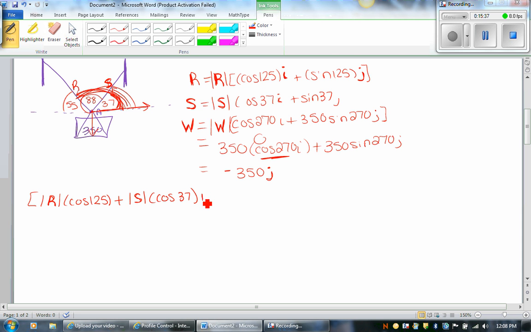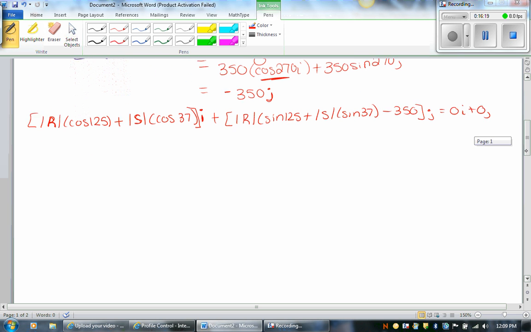There's my i, plus the magnitude of R sine of 125 plus the magnitude of S sine of 37 minus 350 j, and that's going to equal 0i plus 0j. And then actually what it does is it gives us two equations.